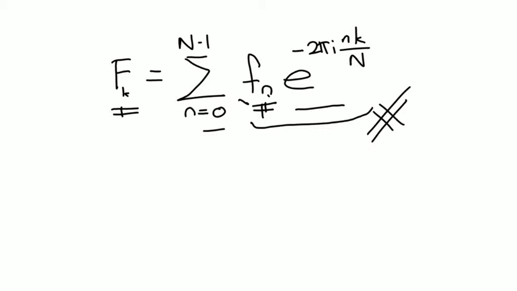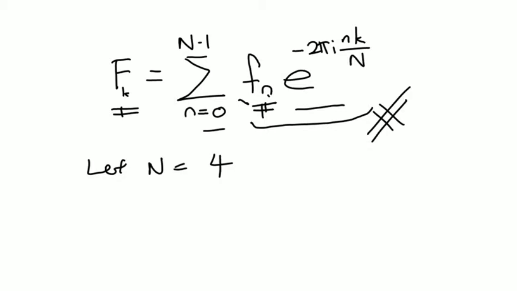The best way to see this, I think, is to try out some simple examples. For example, let N be equal to 4. We don't have to deal with big numbers. Just let N be 4 and see how we can expand this summation, and from there maybe we can see some patterns, and from these patterns we can derive a faster way of doing a discrete Fourier transform.